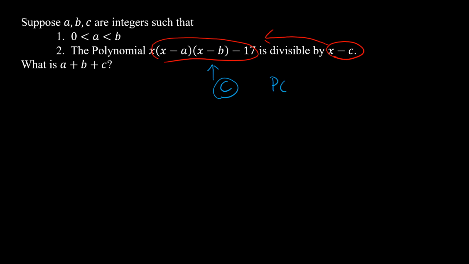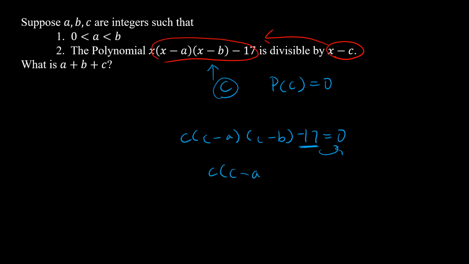So we know this P(c) is going to be 0, which means c times (c minus a) times (c minus b), just plug c in, minus 17 will be 0.